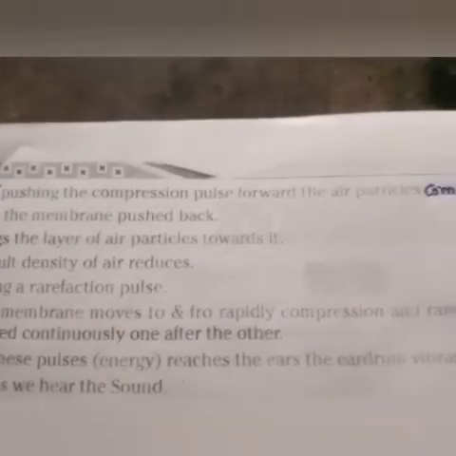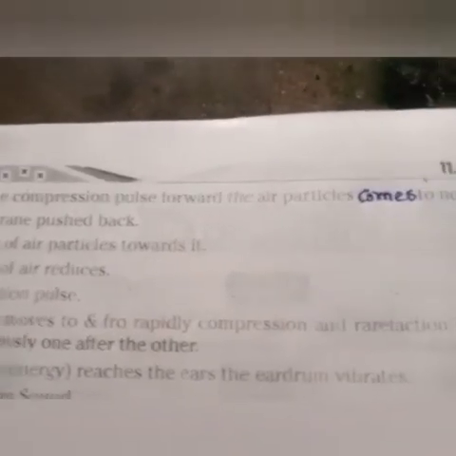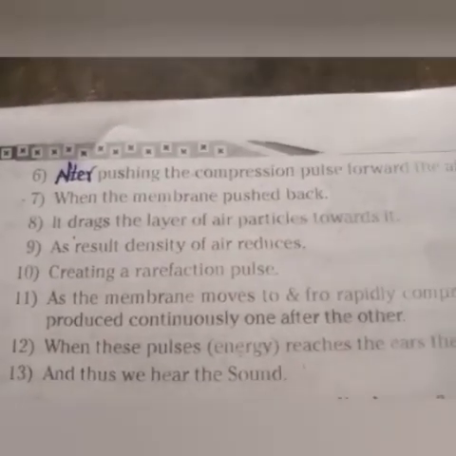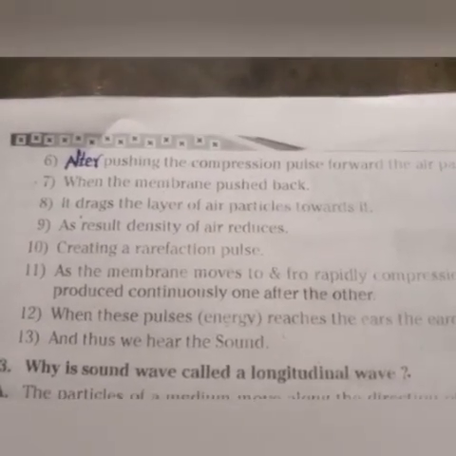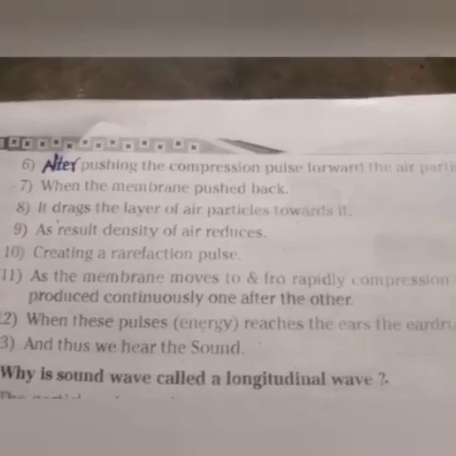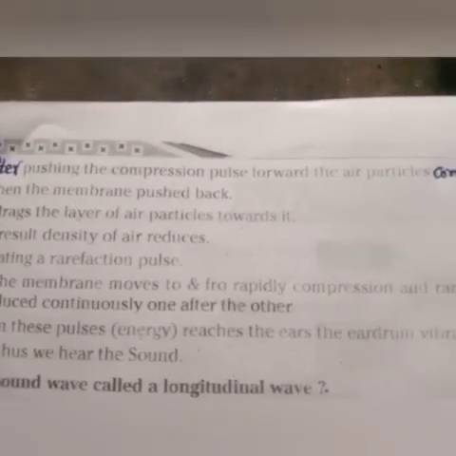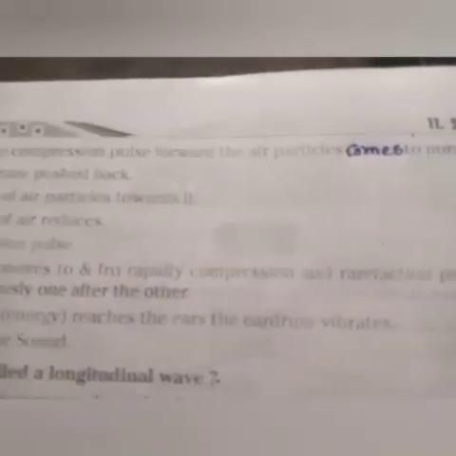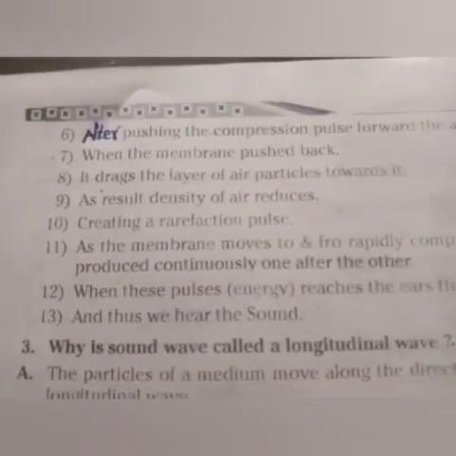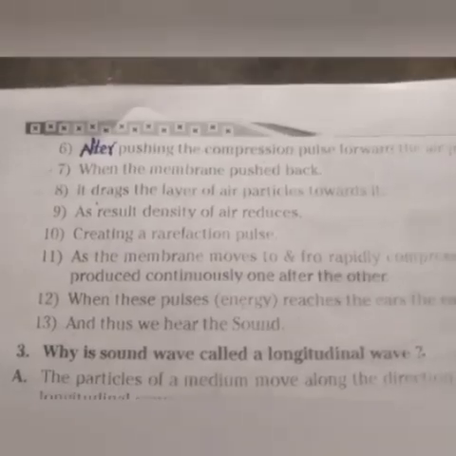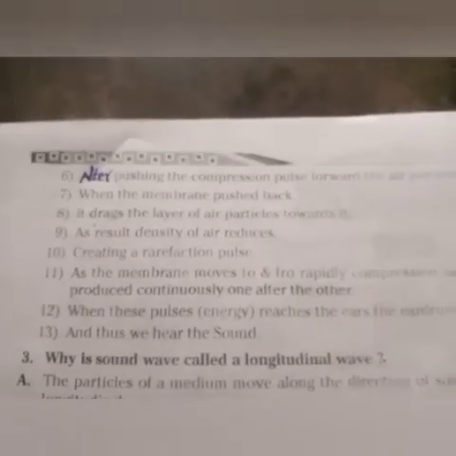As the membrane moves to and fro rapidly, compression and rarefaction pulses are produced continuously, one after the other. 12th point. When these pulses reach the ears, the eardrum vibrates. 13th point. And thus we hear the sound.